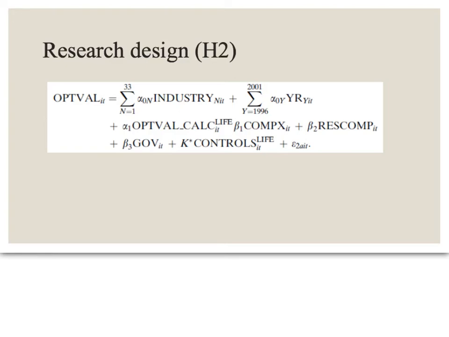So we calculate option value calculated life on the right side, right here, using expected stock price volatility, expected dividend yield, and risk-free interest rate. Instead of using expected option life, we use predicted life.